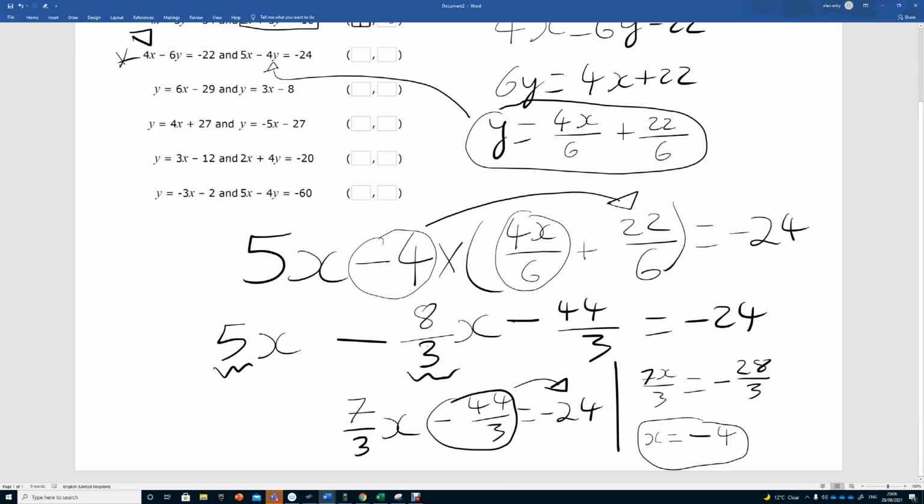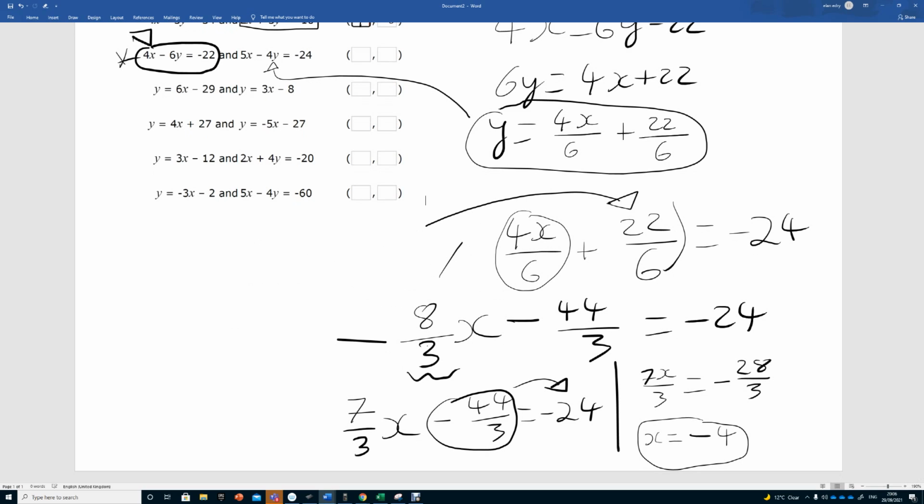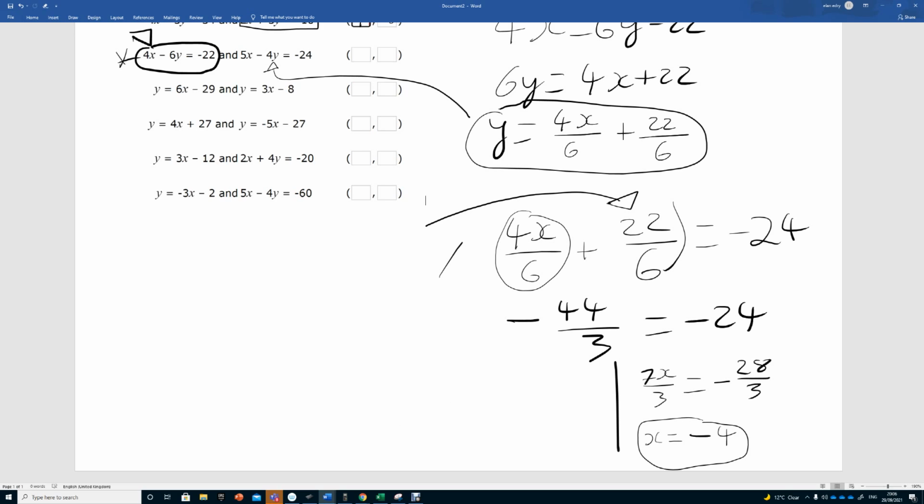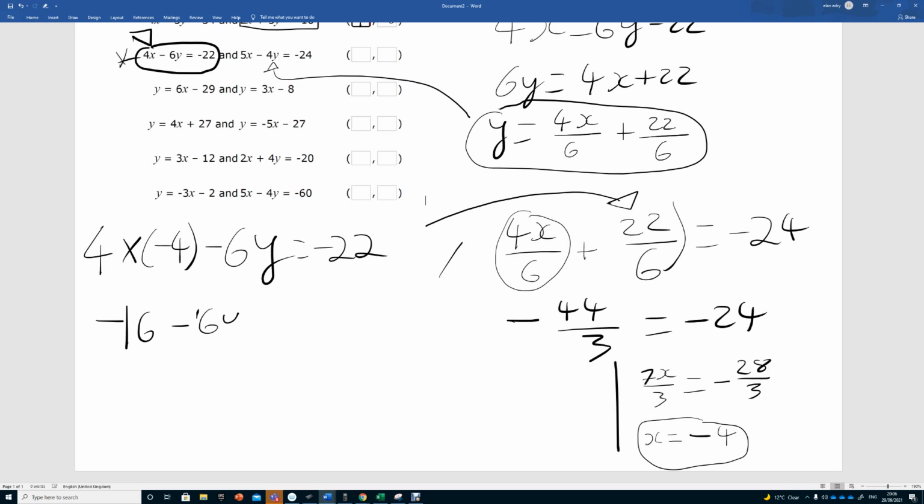And then to get y, let's sub that back in to the first equation again. So we have 4 times minus 4, take away 6y equals minus 22. So we get minus 16, take away 6y equals minus 22.